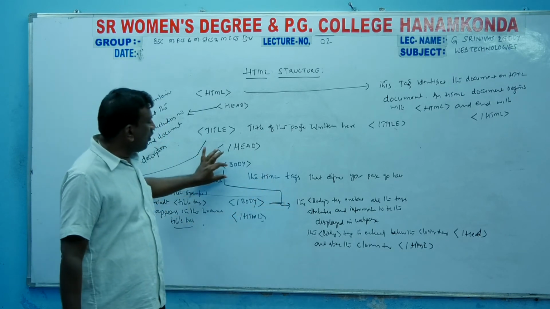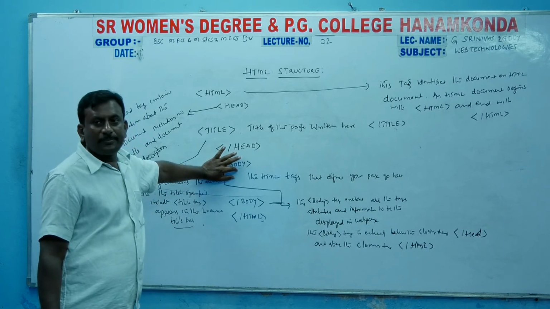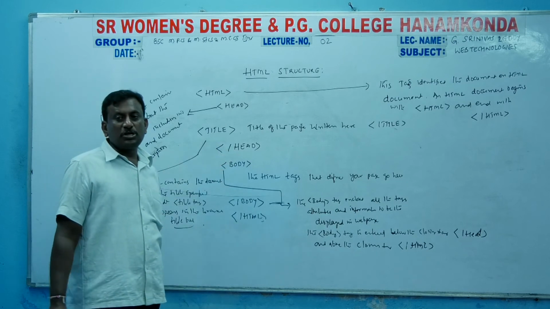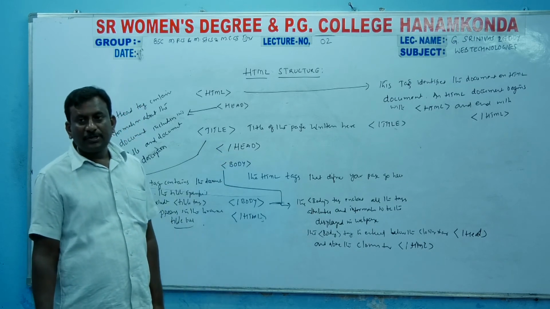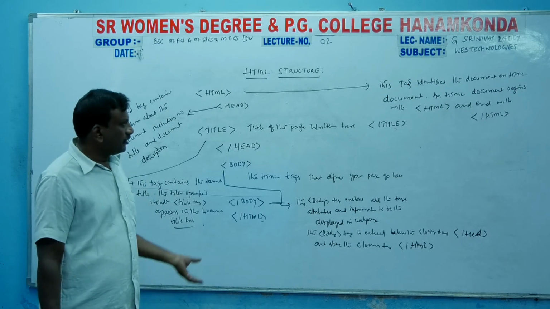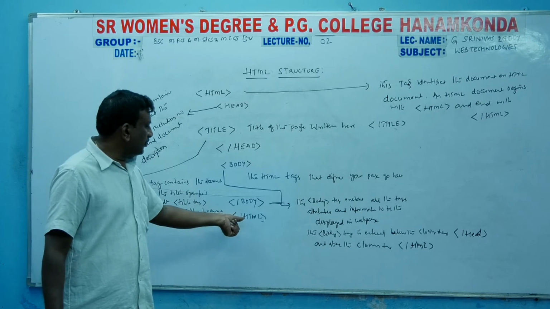Next, the body has other attributes, like body bgcolor: background colors and foreground colors, where you can specify particular colors. That is the purpose of using body bgcolor in HTML.